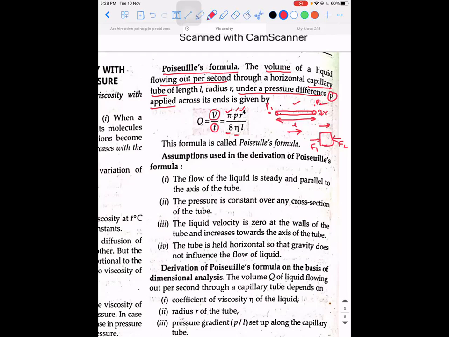And how is the tube supposed to be? It should be horizontal. Never forget to underline this word. So this whole formula, pi into P into r power 4 divided by 8 into eta L, is what is called Poiseuille's formula.